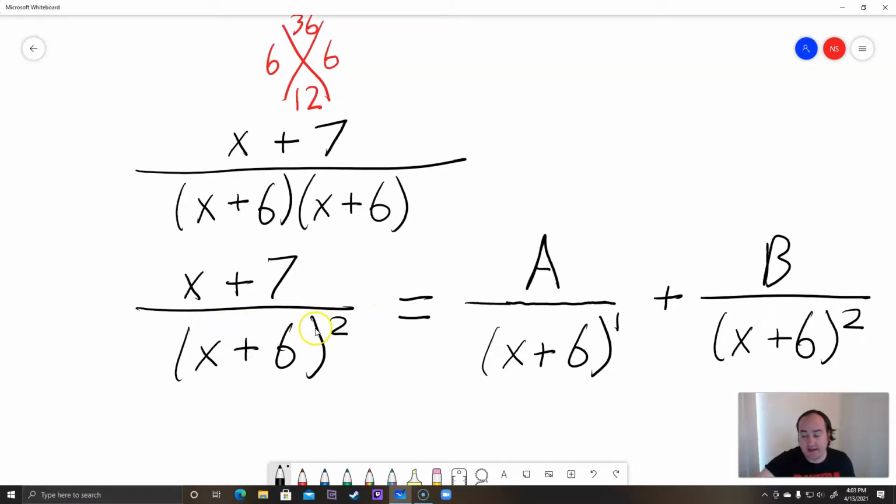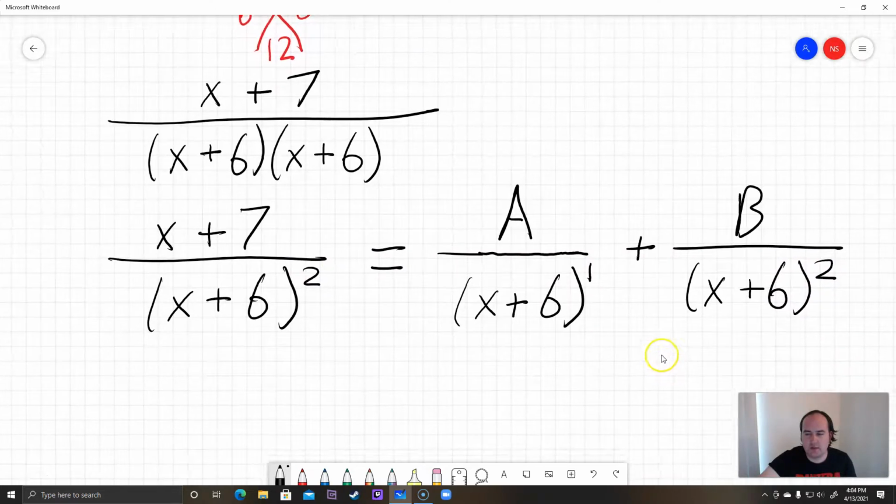Because it had a second power, that means we need to have a first power and a second power on the right side. So basically, I started with the smallest power of x plus 6, which is x plus 6 to the 1. And then I increased until I got to the largest power, which was x plus 6 to the 2.